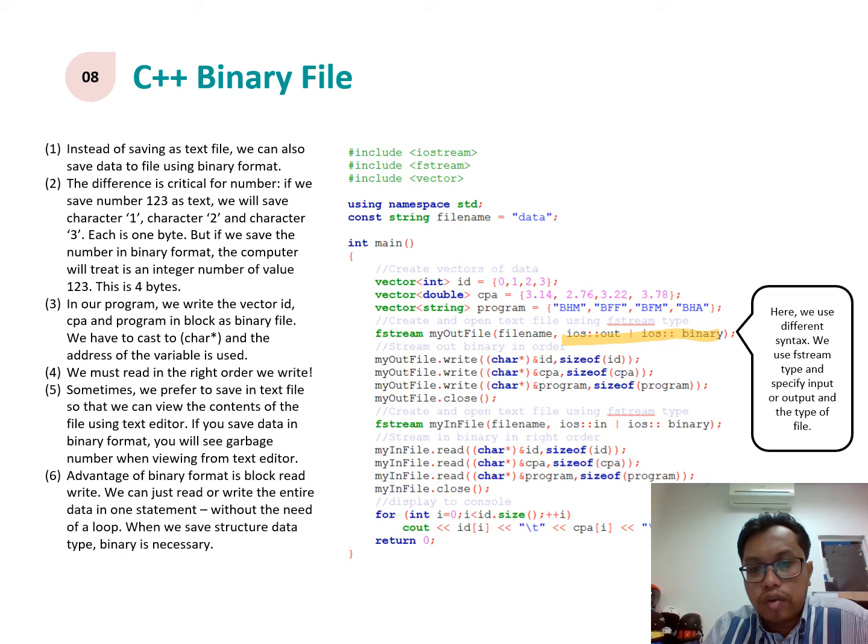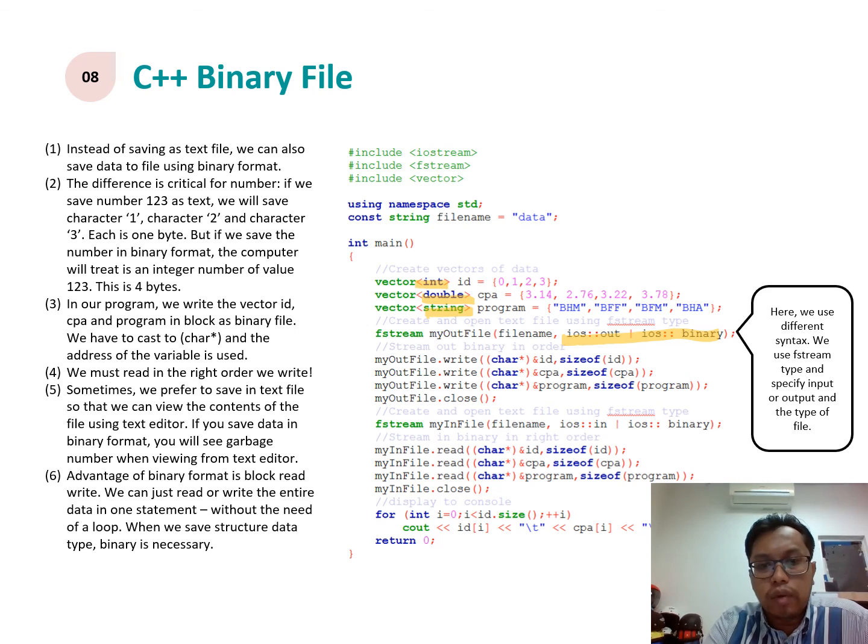Before that, you must convert or cast all the data into character, because files are typically used in the character type. So everything from integer, double, and also string will be cast into the character data type.